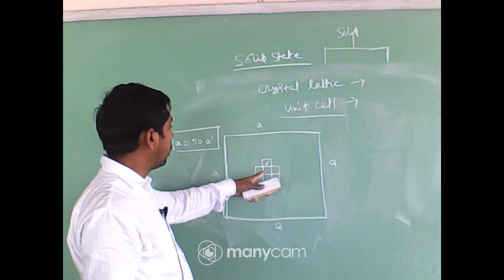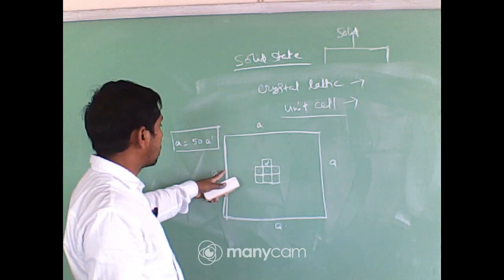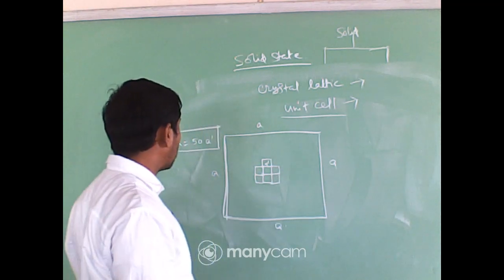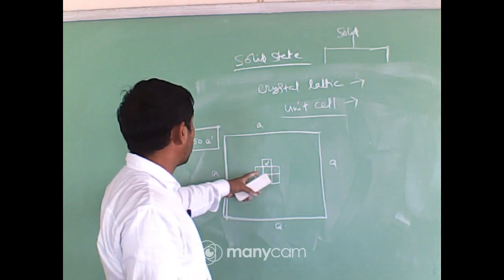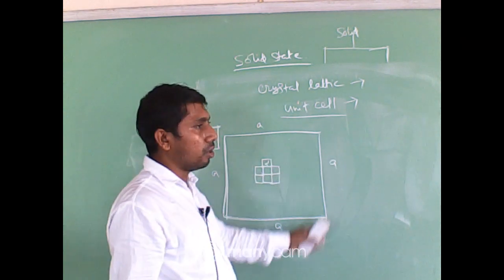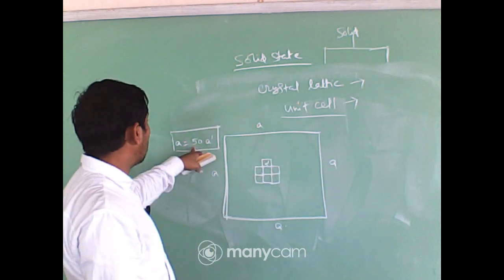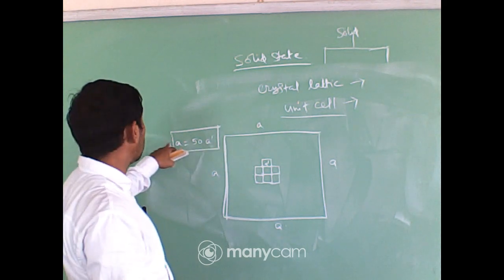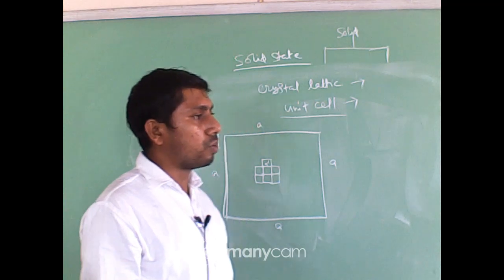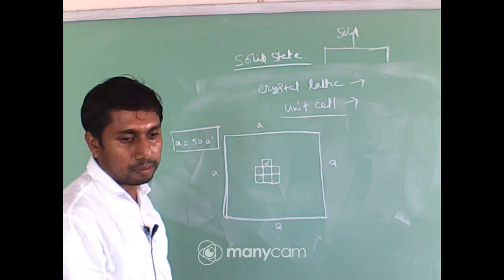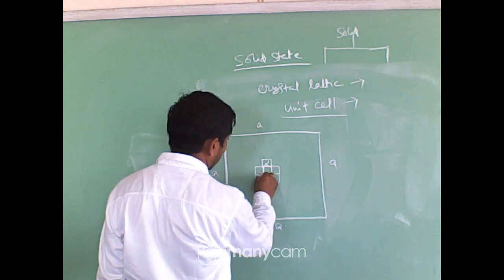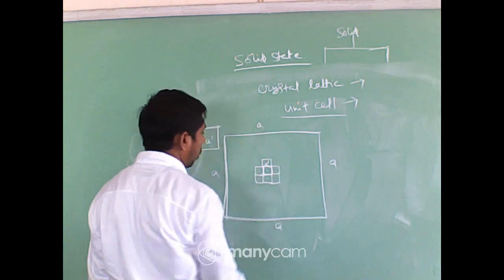That is, if we place 25 cells on the left and 25 cells on the right, we get 50 A dash, which is equal to A. In that way we can produce one unit cell. The unit cell will be the center one.